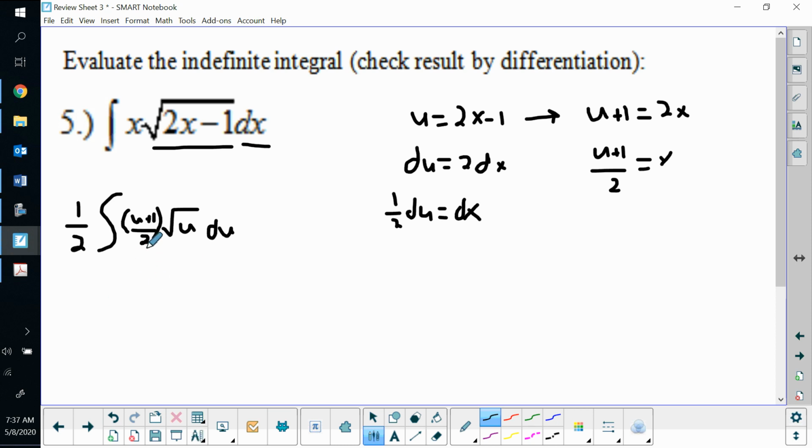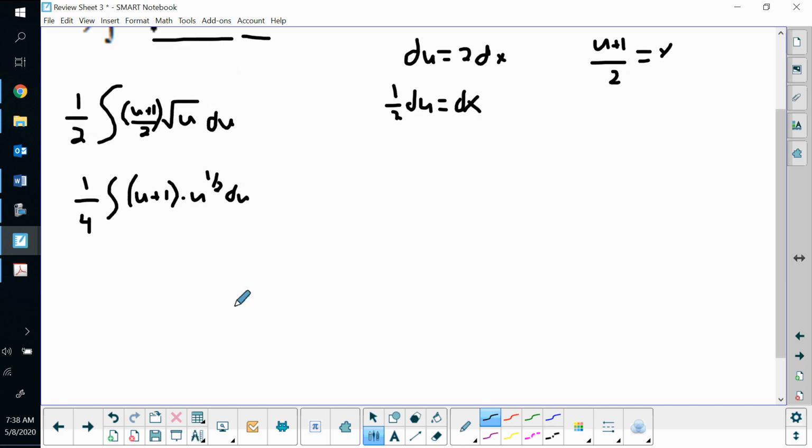This divided by 2, I'm going to pull out front with the 1/2 to make it 1/4. Then we can distribute the u to the 1/2 through. When you multiply terms, remember you add the exponents. So we're going to get u to the 3/2 plus u to the 1/2 du.